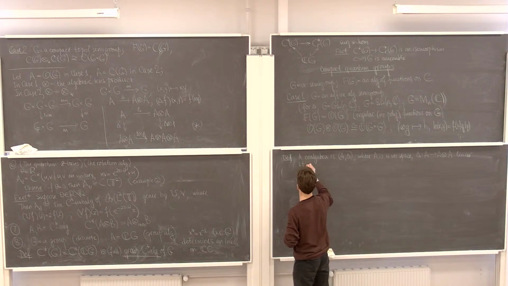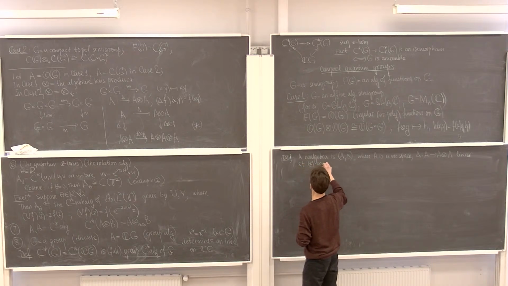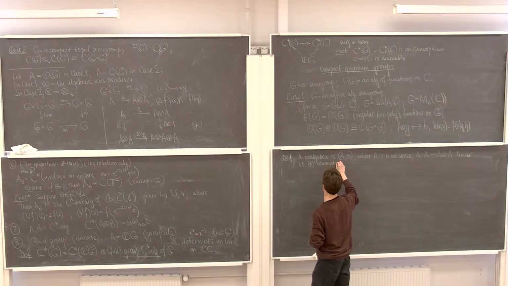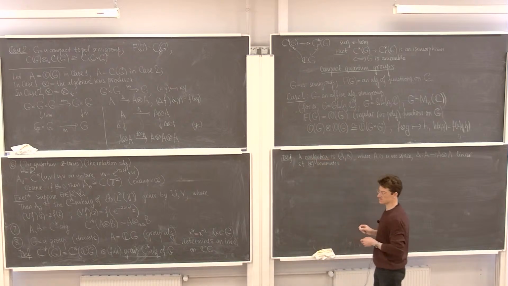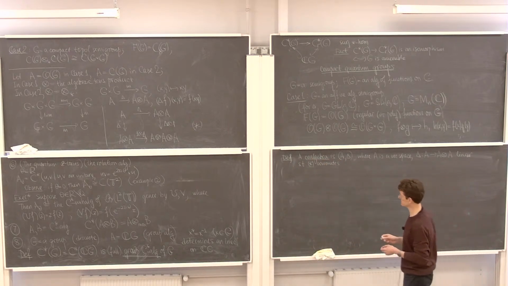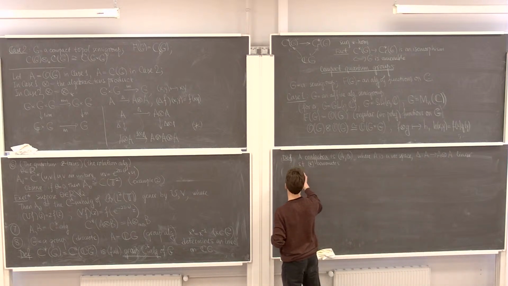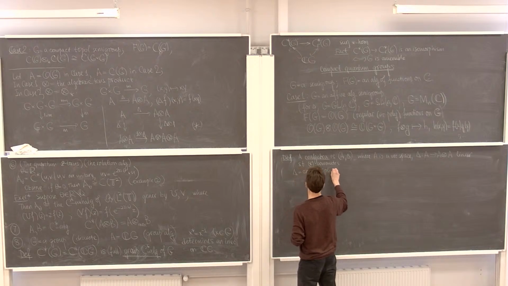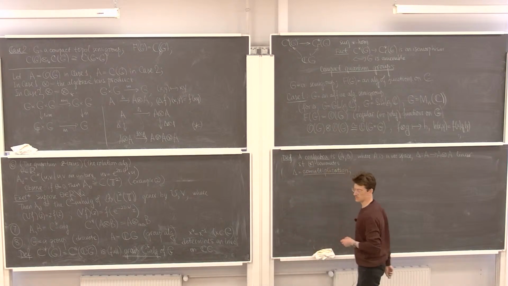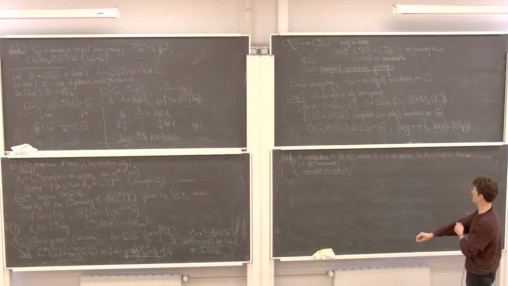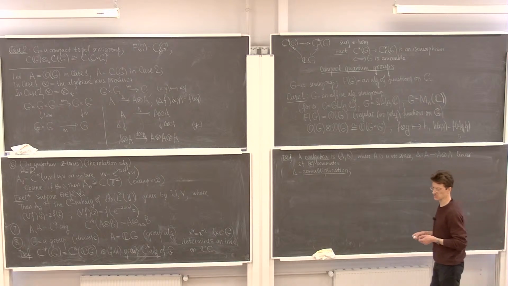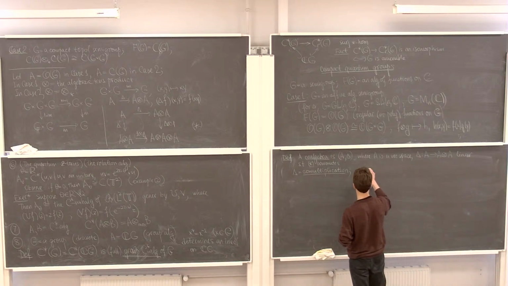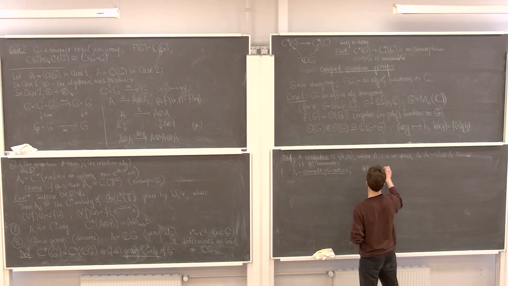Such that the diagram star commutes. The map delta is called the co-multiplication on A. And the commutativity of the diagram says that this co-multiplication is co-associative. The diagram star means that delta is co-associative.